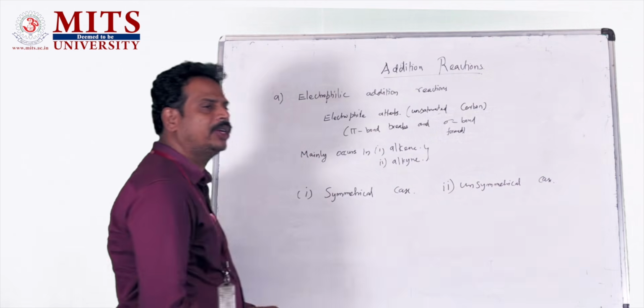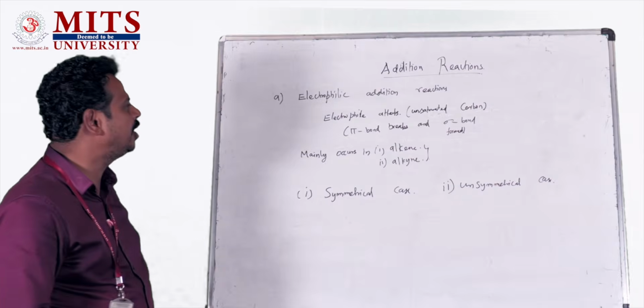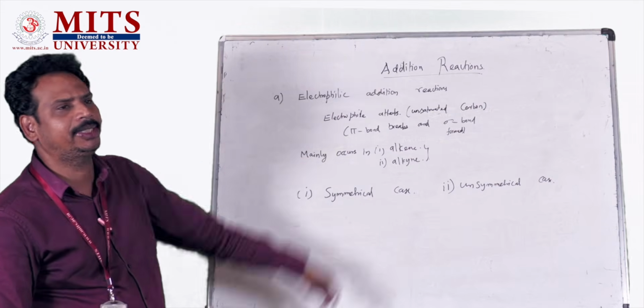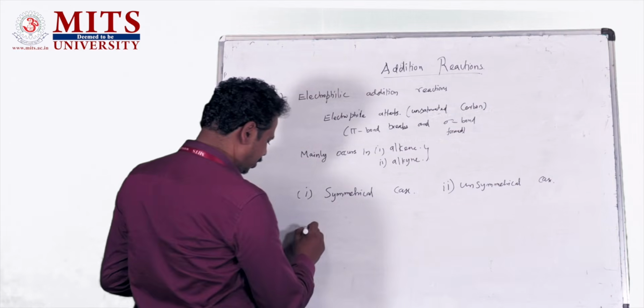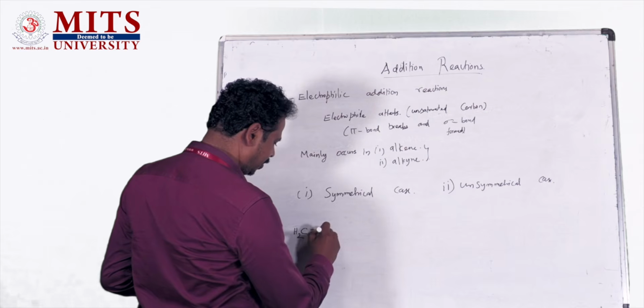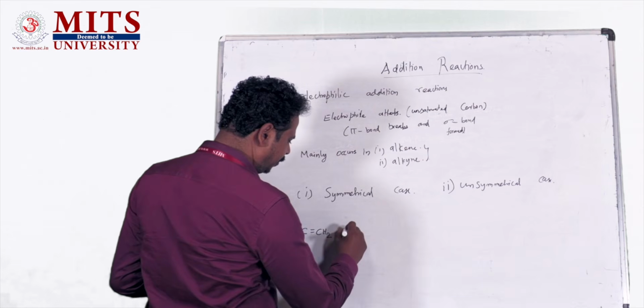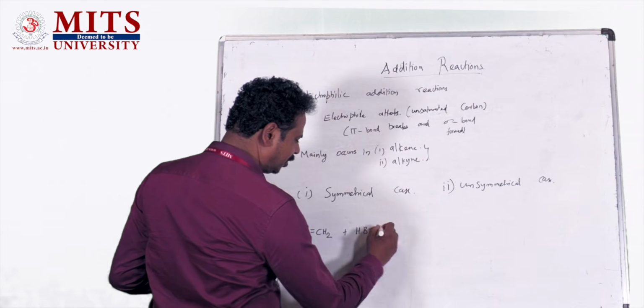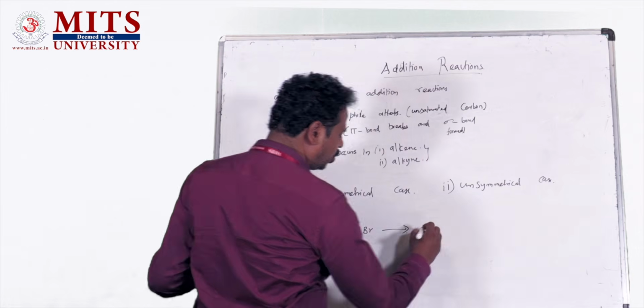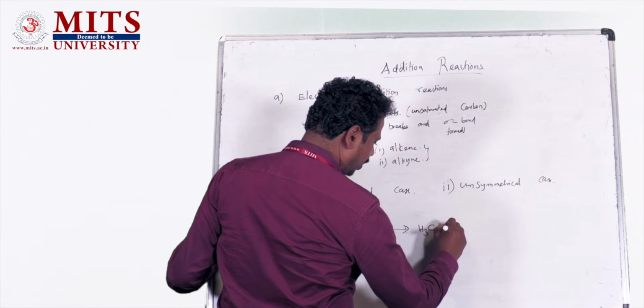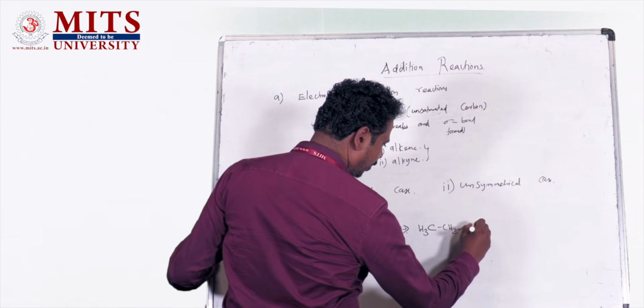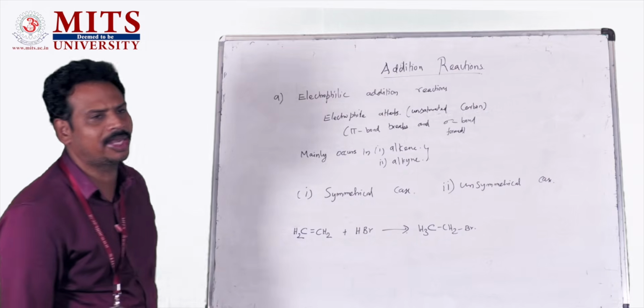First I would like to give the example for the symmetrical case. In electrophilic addition reactions, you take a molecule of ethylene and add HBr, and you obtain the product ethyl bromide. This is for the symmetrical case.